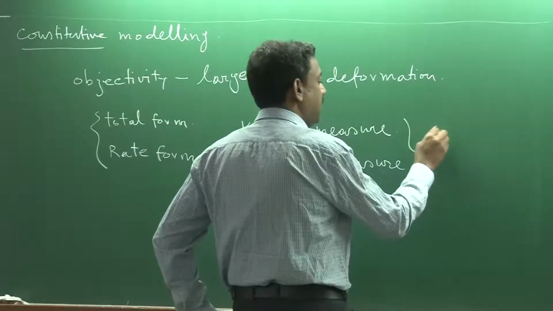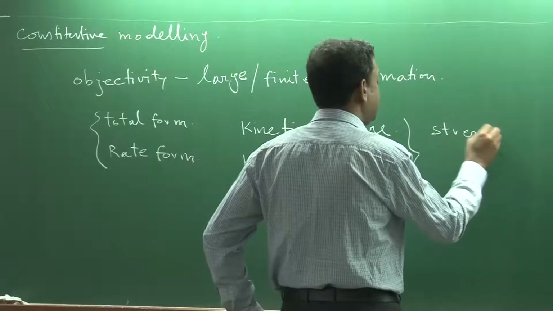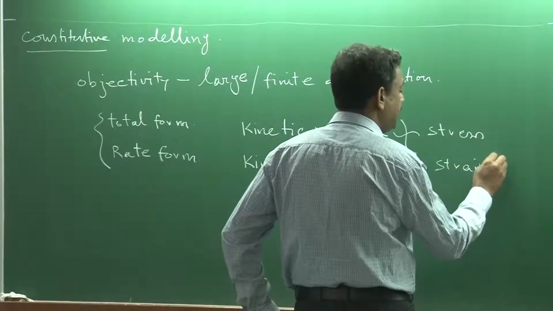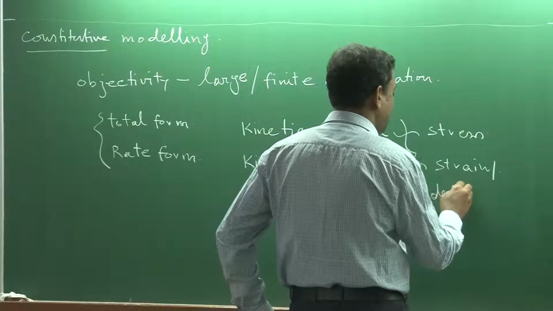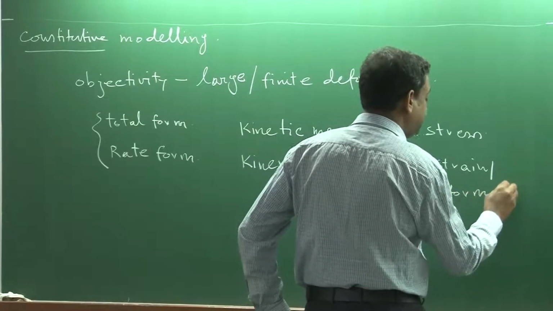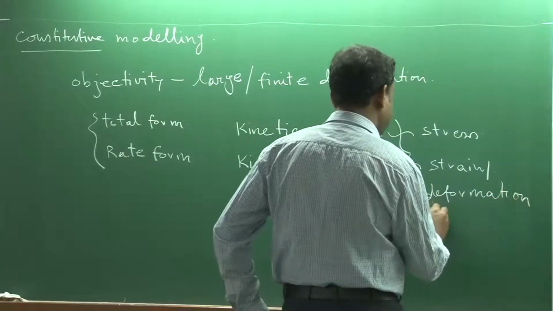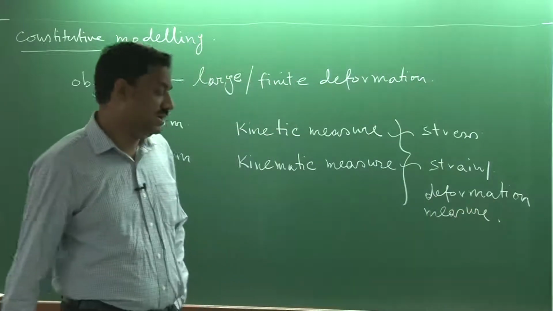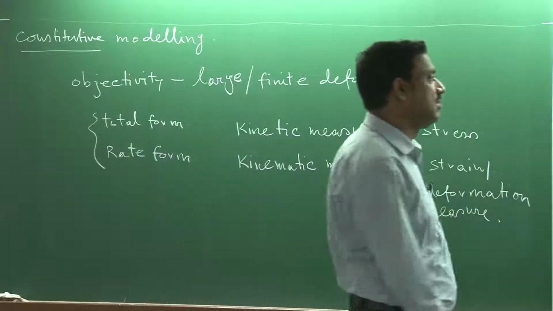The kinetic measure is the different kinds of stress measure, and the kinematic measure is the different kinds of strain or deformation measure. So, we have seen that we can relate the stress with strain either in total form or in rate form.